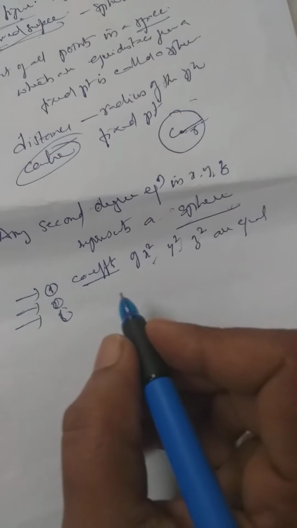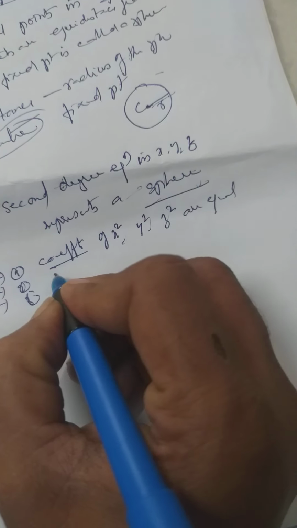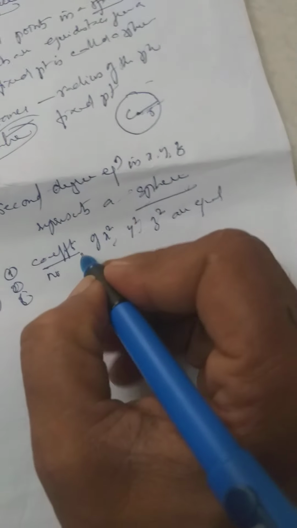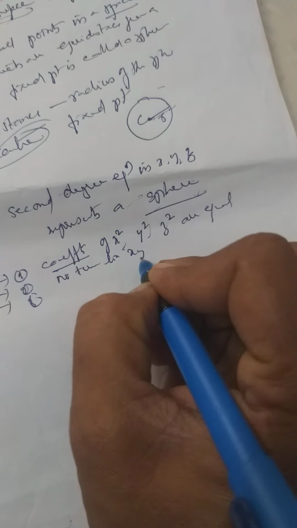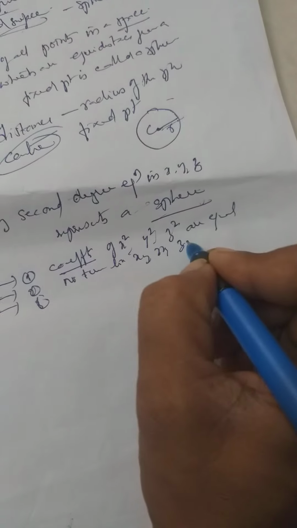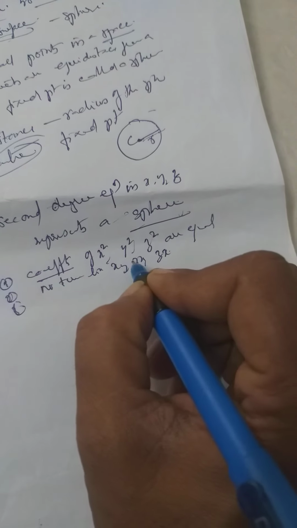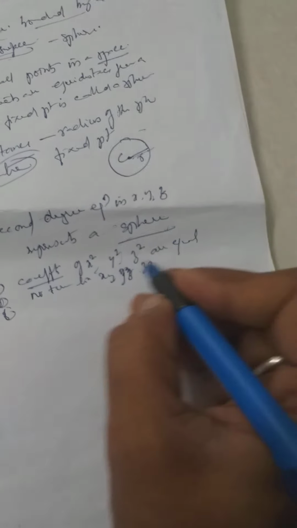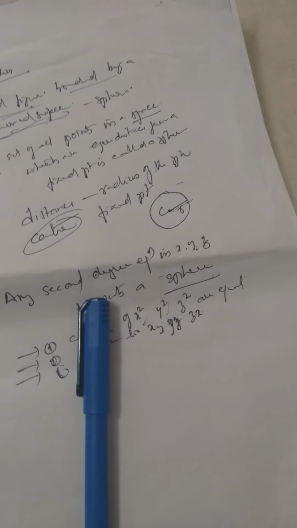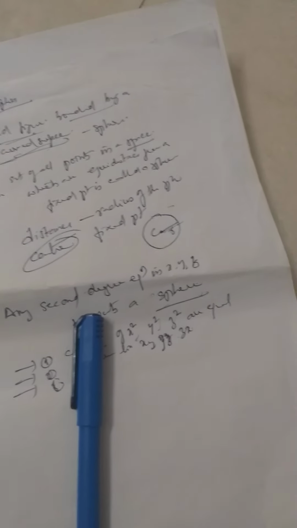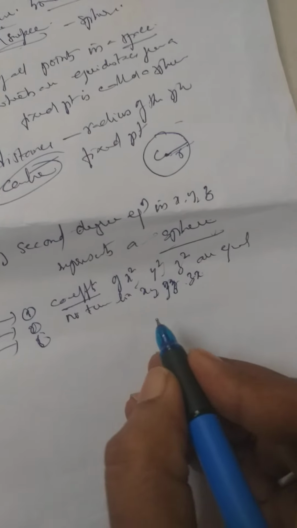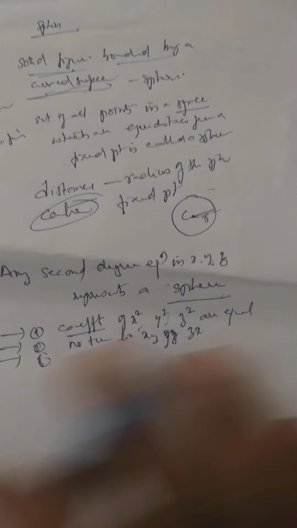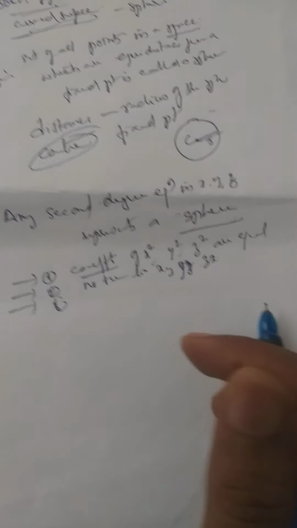The second condition is that there are no terms like xy, yz, zx. The product of terms x into y, y into z, z into x. The equation does not contain this type of term. That means product terms should be absent.